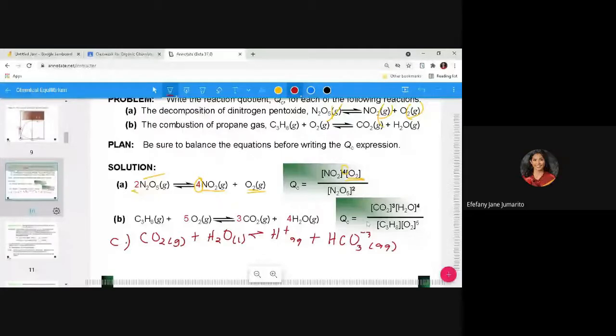Okay, HCO3 minus. That's bicarbonate ion. So, is it balanced? Yes, balanced, ma'am.